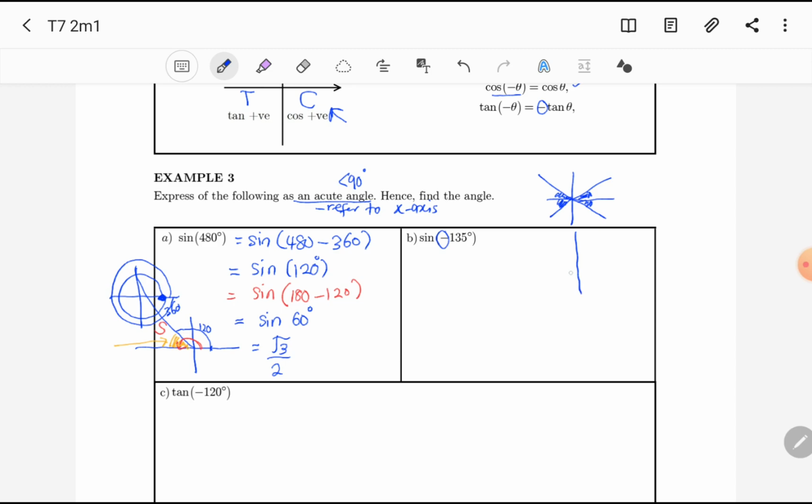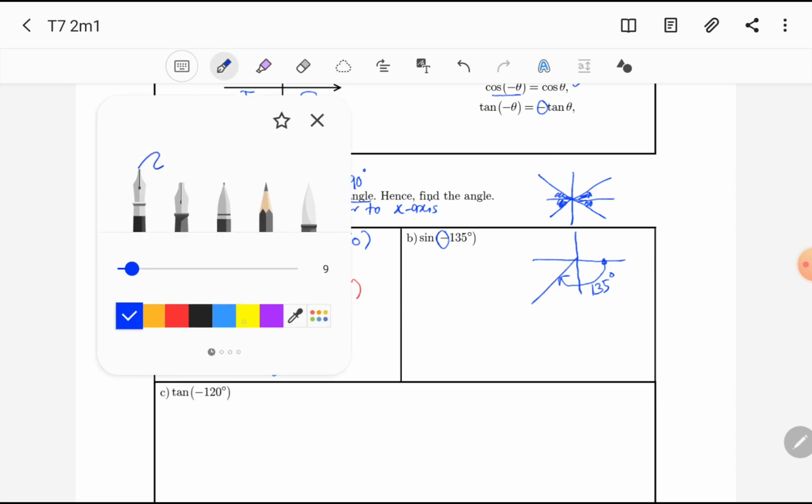Okay, next. Sin negative 135 degrees. Okay, negative here means kita start dekat positive x-axis. But negative tu means kita go down. Okay, 135 degrees. We go down clockwise-ly. Nah, itu adalah negative angle. Okay, mana kita punya acute angle?